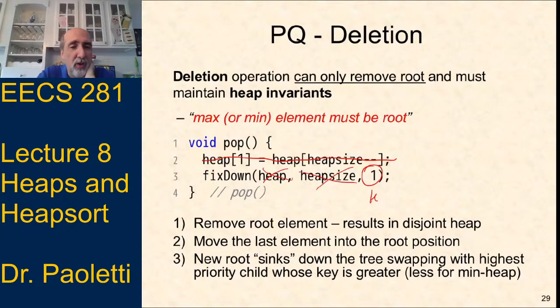And here's a place where it's really important. The pop_back has got to go before the fix down. If we don't pop back before the fix down, then we might fix too far, or we might make a mistake. I'm confident the code will work correctly if we pop back before we call fix down.